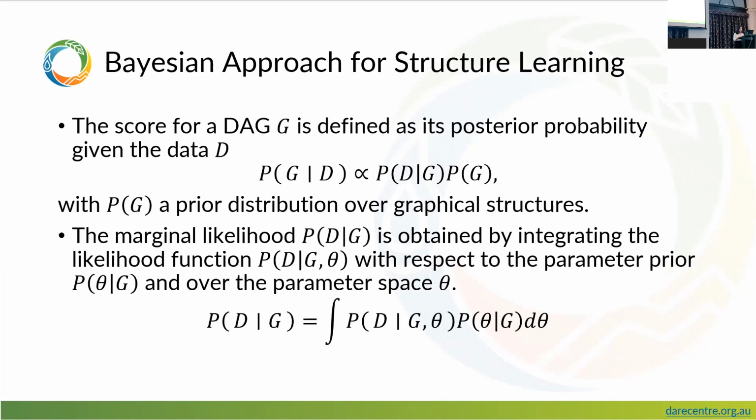We predominantly focus on the Bayesian approach, in particular using MCMC for structured learning. The advantage of using this approach as opposed to other methods that focus on greedy searches or other optimization methods is that it can provide a collection of samples from the posterior distribution of the graph given the data.